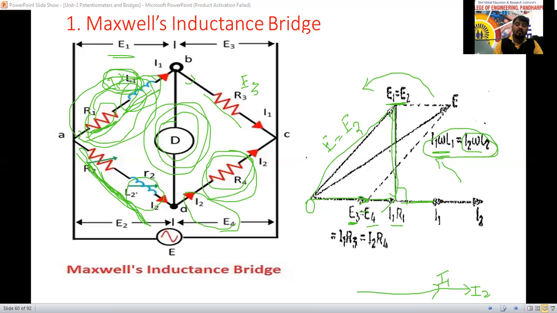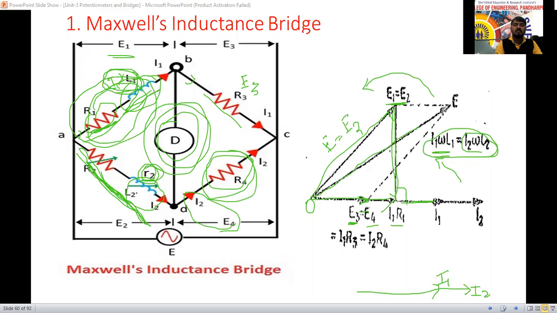But our aim is to calculate E here. Here E1, E2 are there, and here E3, E4 are there. See here, one more resistance is there, small R2. L2 is not purely inductive, it has some resistive part. So for a combination of inductance and resistance, we cannot say that the voltage leads exactly 90 degrees. For that reason, we consider some angle.